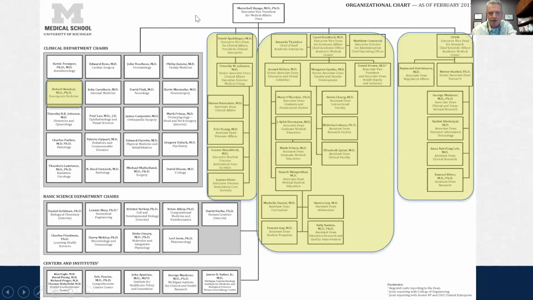They report directly to the dean, and then basic science, and then we have some centers that report up through the clinical area as well. So there's great alignment vertically in that you can have very clear lines of authority. So my reporting relationship is to the chair, and the chair's reporting relationship is to the dean. So that part makes it work really well.